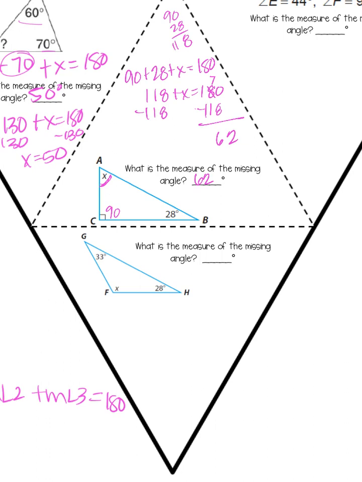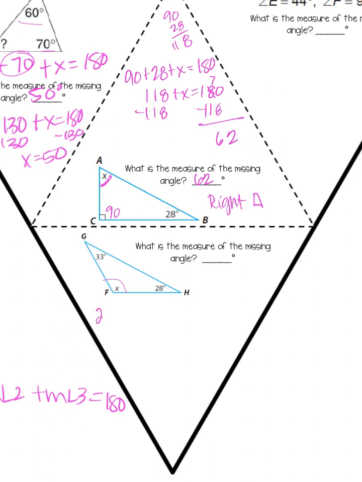Okay, what kind of triangle is this? This is a right triangle. Okay, what is the missing measure of the angle? This time this is obtuse, right?